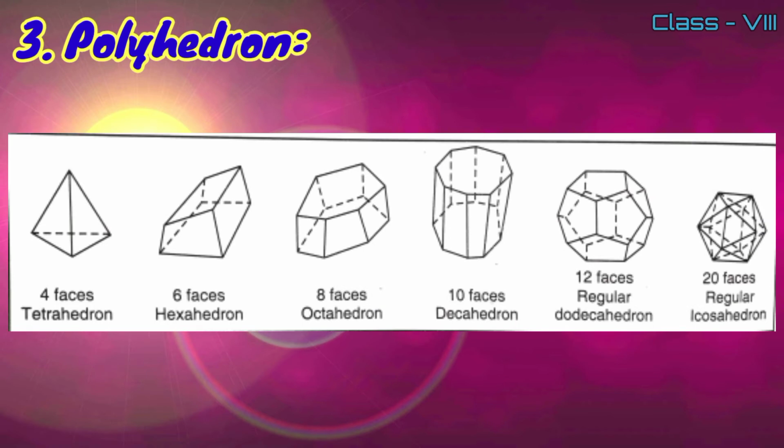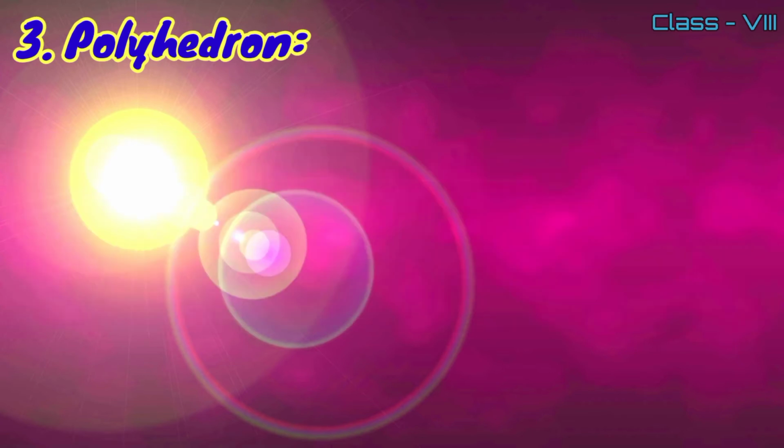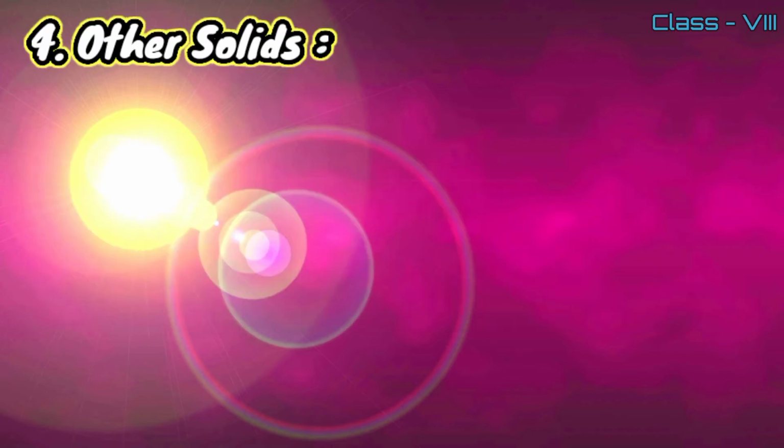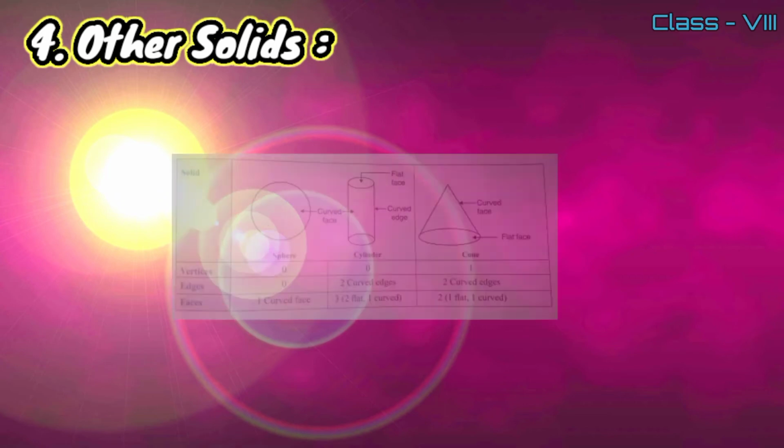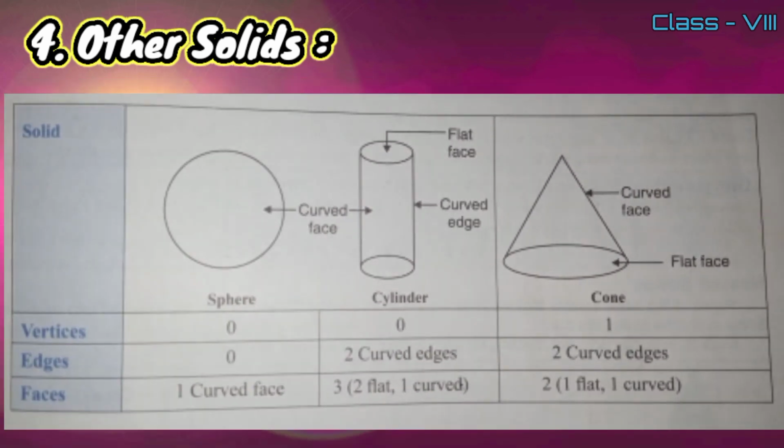Examples of some more polyhedrons are shown in the picture, and a polyhedron may be classified according to the number of its faces as shown in the picture. Number 4, other solids. There are some other solid figures which are not polyhedrons, like sphere, cylinder, cone. These are examples of solids which are not polyhedrons.